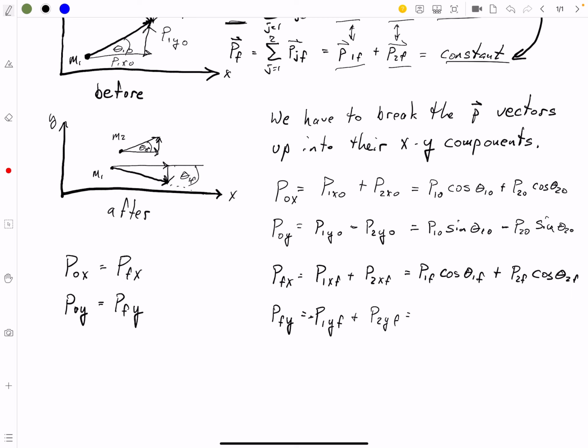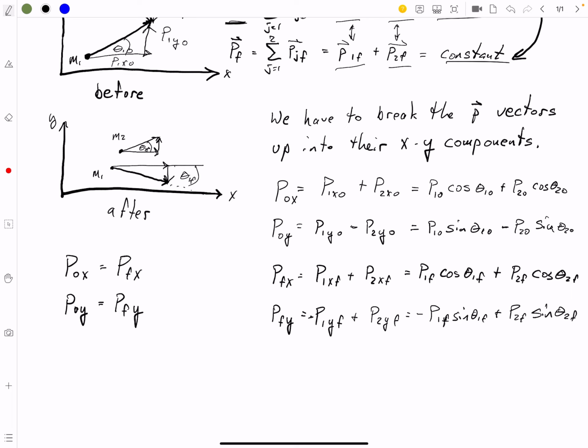So for the sake of keeping ones and twos all in the same order, P1 final sine of theta 1 final, and P2 final times the sine of theta 2 final.